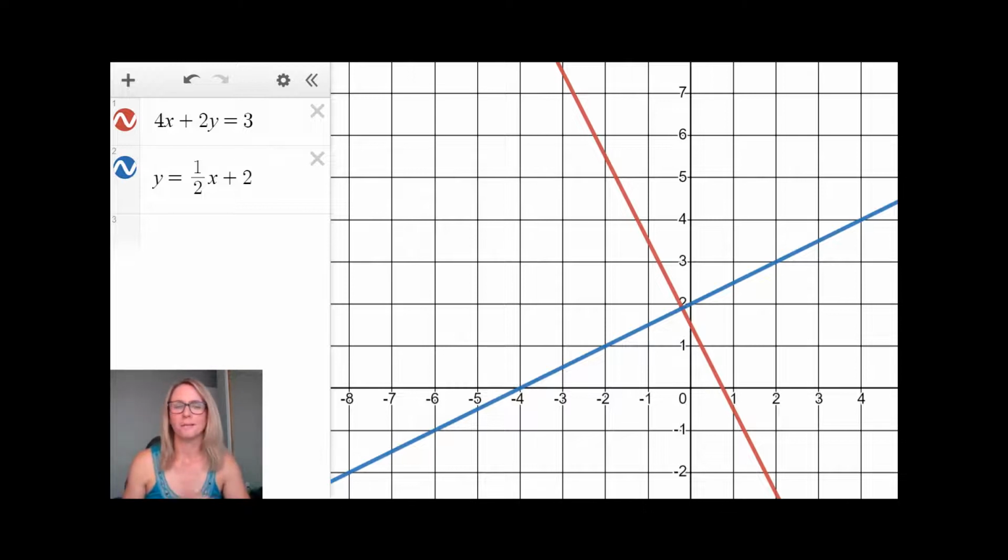So just for anyone interested, these are the two lines from the last problem that we did. And you can see that we have 4x plus 2y equals 3. That's the red line with a slope, remember, of -2. So that's what's happening here. And then we have our line in slope-intercept form that we found, the perpendicular line, y equals 1/2 x plus 2.